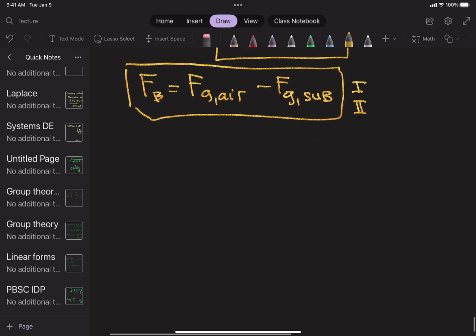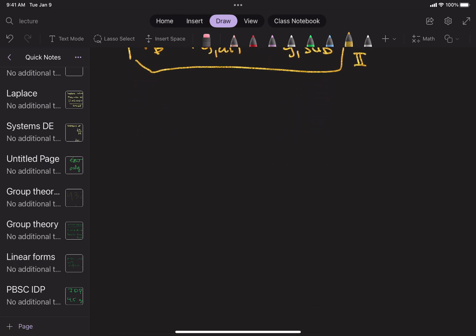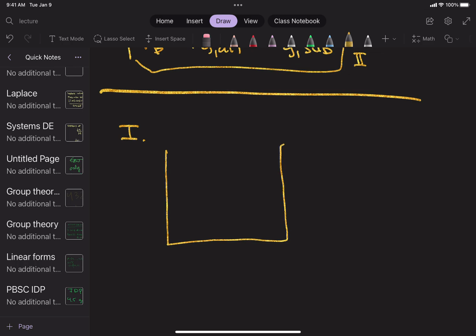So let's look at part 1 and part 2. For part 1 of today's lab, you're going to have a tank of water. And what you're going to do is weigh, well, there's going to be a mass, and the mass is going to be connected to a force meter that's going to read a force.